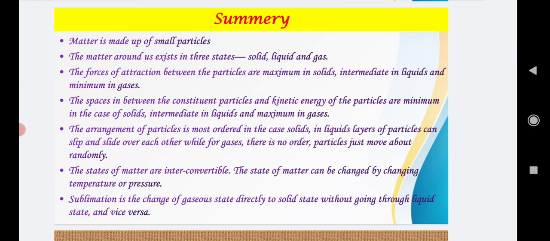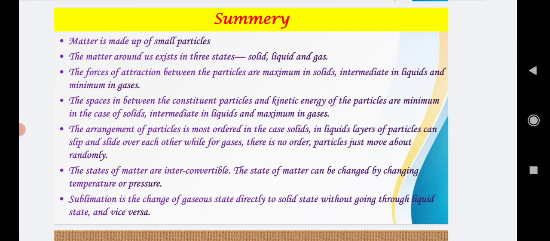We have also seen that the space between the particles and the kinetic energy of the particles are minimum in solid, intermediate in liquid and maximum in gases. The arrangement of particles is more ordered in solid when compared with liquid and least in gases. There is no order of the particles, they just move around in gases.